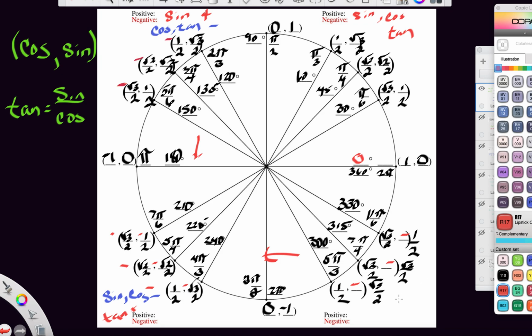Last but certainly not least, the positive is the x-coordinate, so cosine is positive, and therefore, sine and tan are negative.